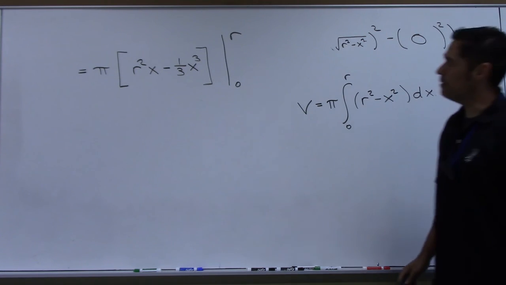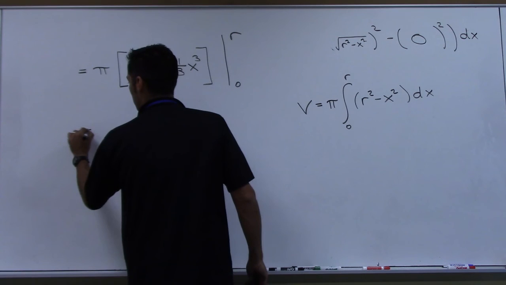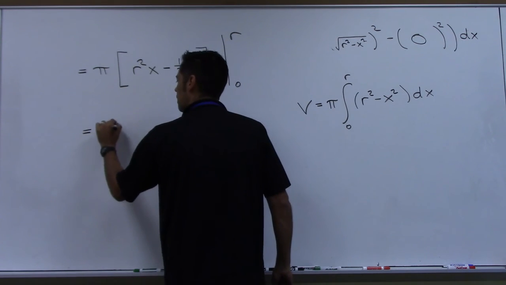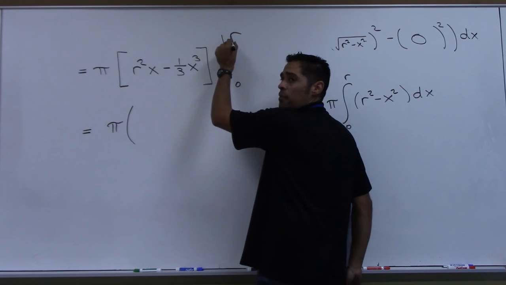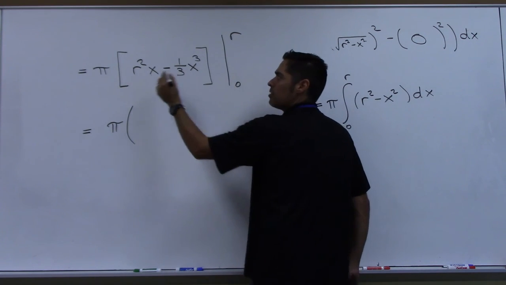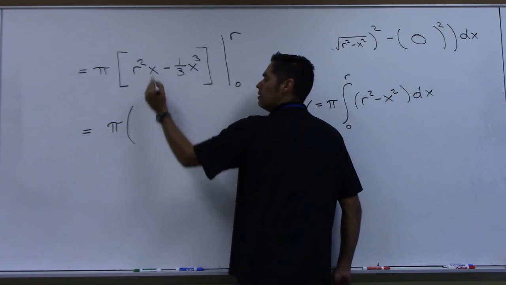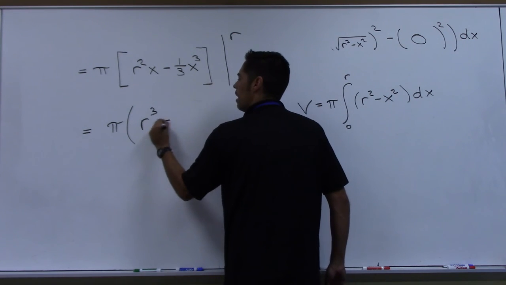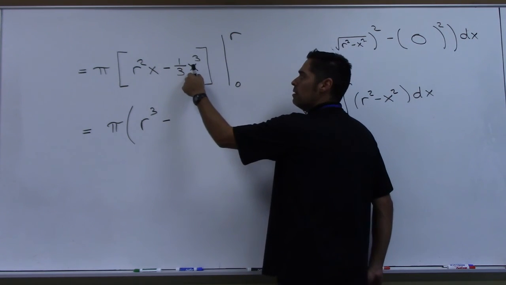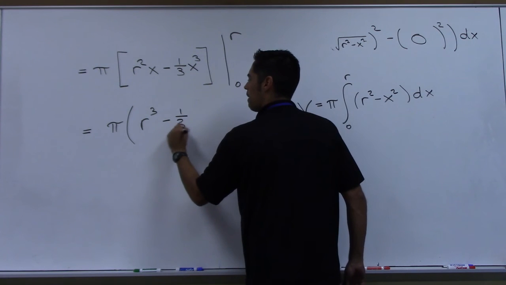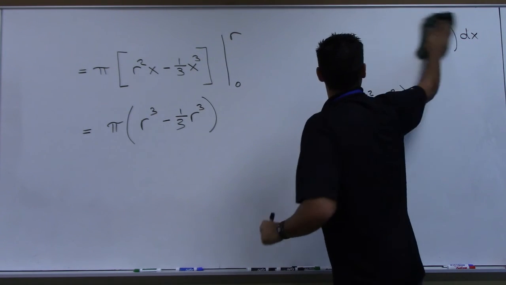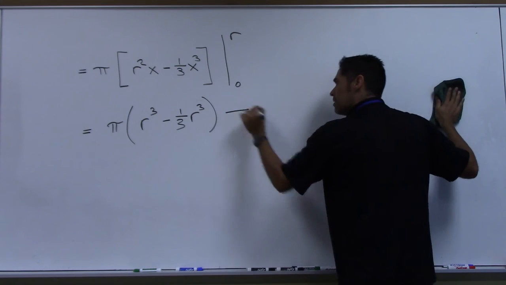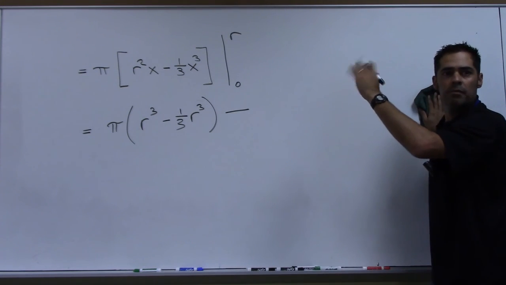So let's plug r in. If we plug in r, what do we get? Pi, and then what? We're plugging in r for x. So what's r squared times r? R cubed minus 1/3 r cubed. That's what I get when I plug in r, right? And then I say minus, now plug in 0. It's gone.